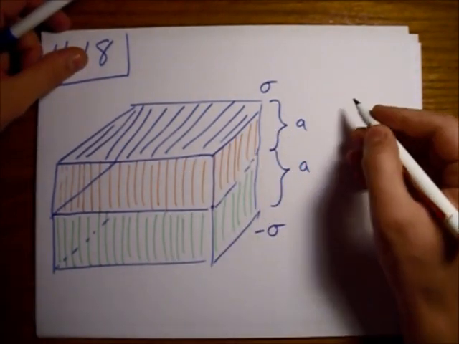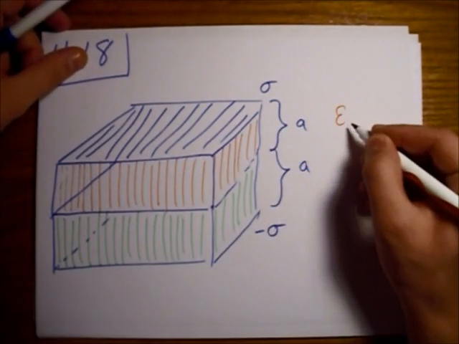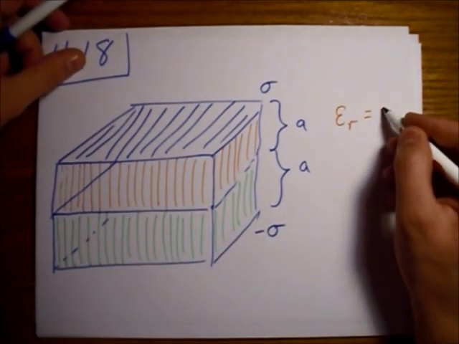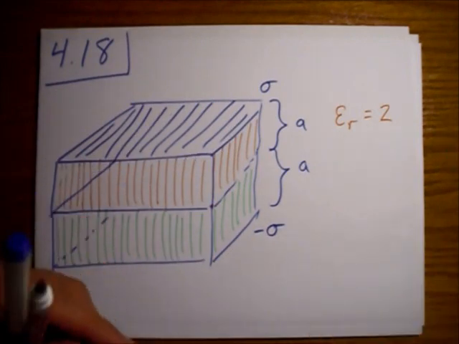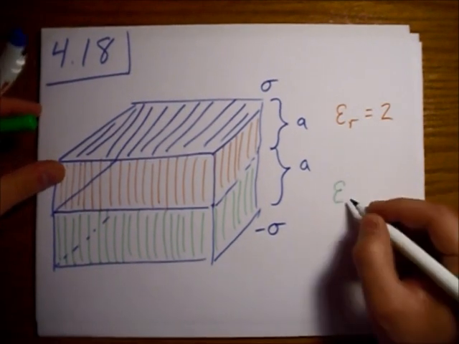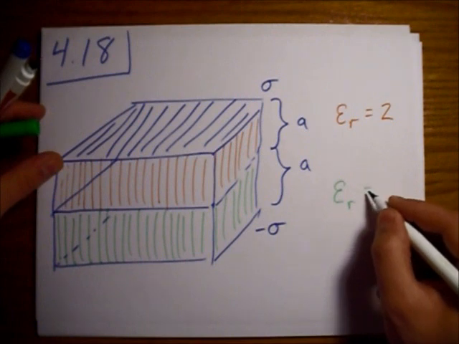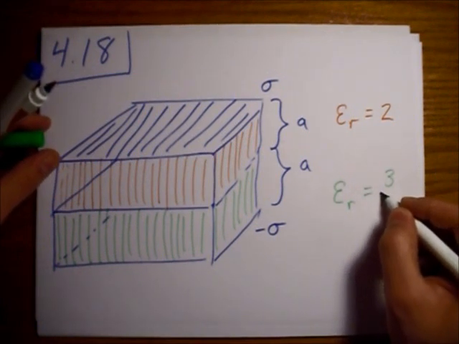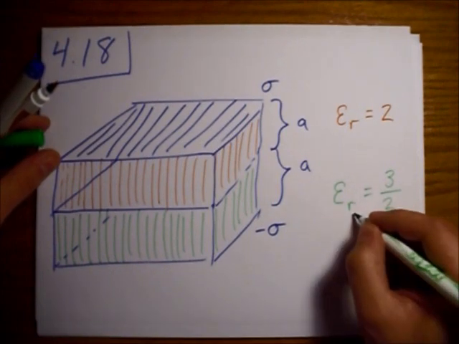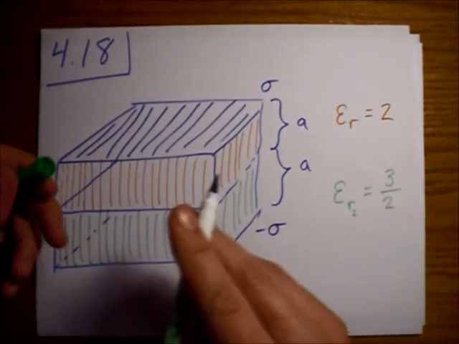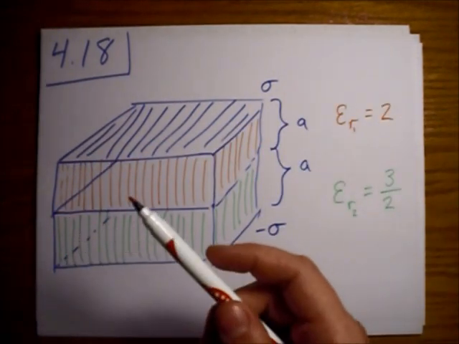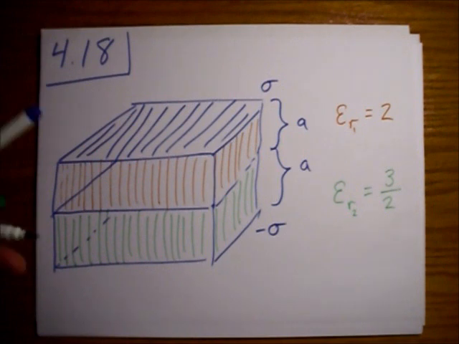I believe the dielectric constant of this first one is 2, and the dielectric constant of this other one is 1.5, or in other words, 3/2. Let's go ahead and put tiny little subscripts on these guys. Plus the colors, I hope, will help us keep them straight.